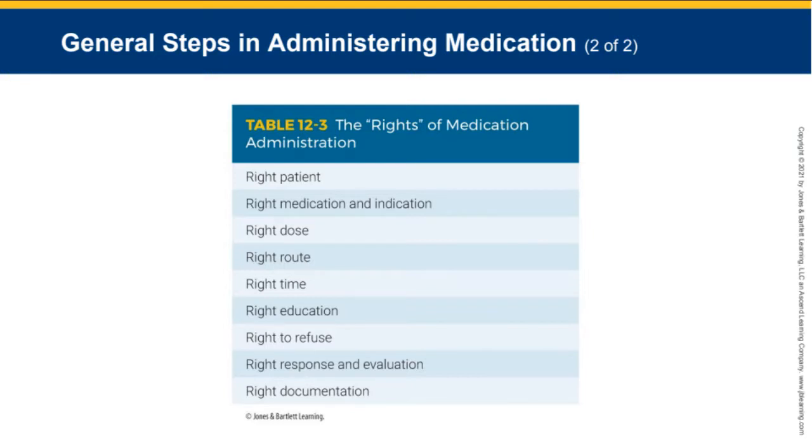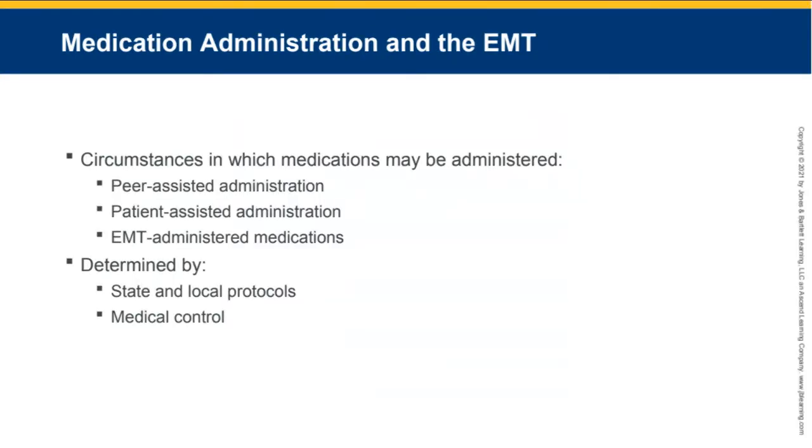If it is not documented, then you did not do it. Always remember that. It is important too that when you get a verbal direction from medical control, you repeat the direction and verify that you're giving the right drug at the right dose to the right patient. This will reduce medication errors.